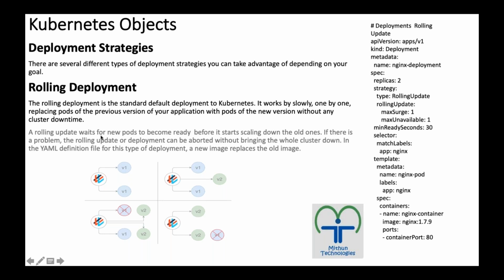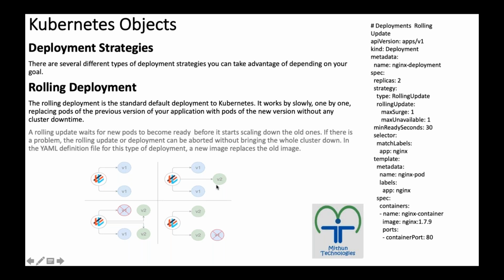Rolling update will wait for new pods to become ready before it starts scaling down the old ones. So if there is any problem, the rolling update or deployment will be aborted. It will be aborted without bringing the whole application down.